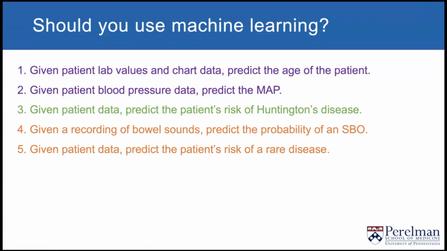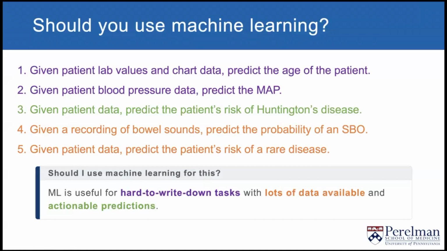The point of going through these different examples is that hopefully you've learned something, to be able to understand when you should or should not use machine learning. That's the funny part about this exercise.